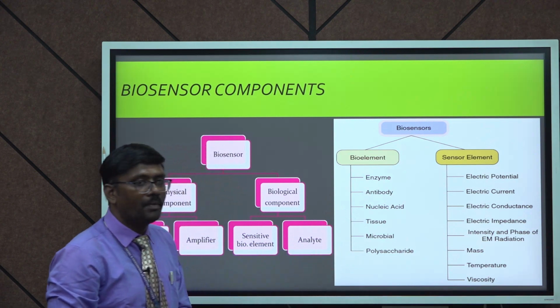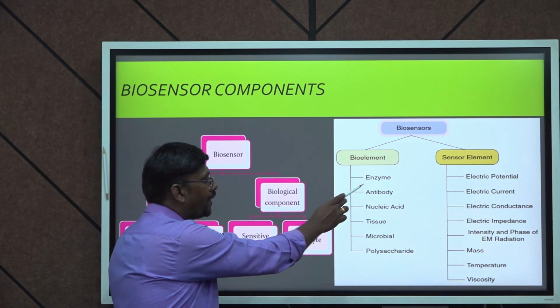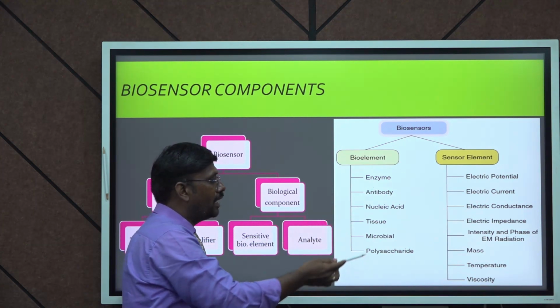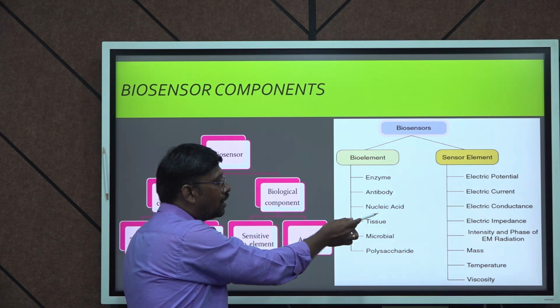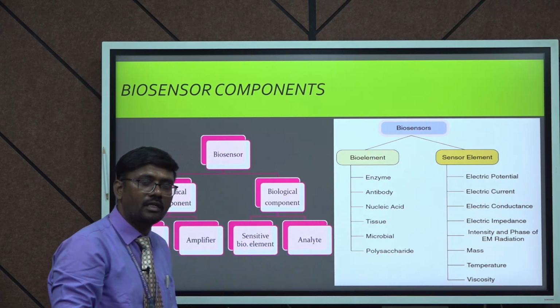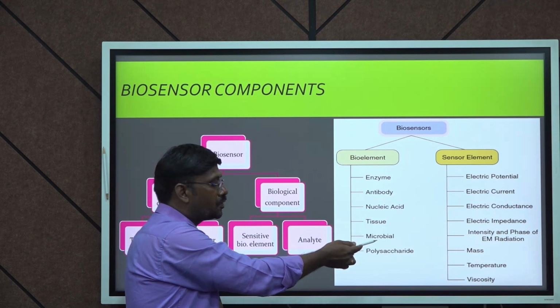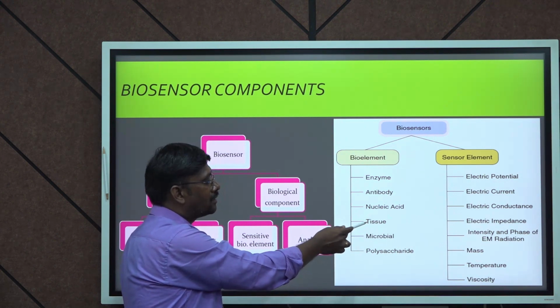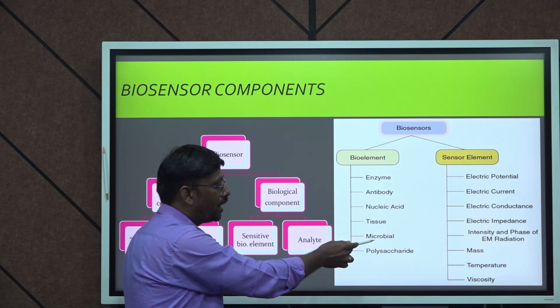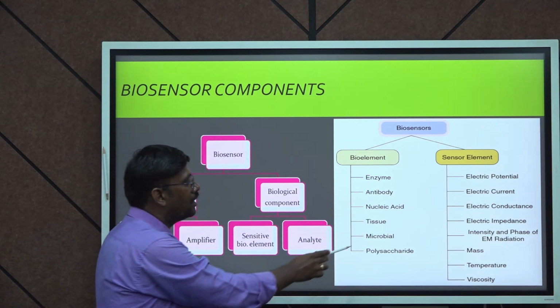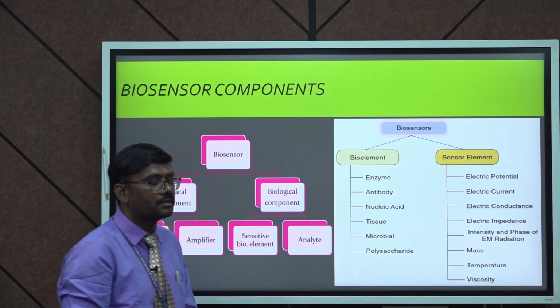The biological element can be an enzyme, sourced from microbes, plants or animals, or an antibody, or nucleic acids in the form of DNA or RNA, or tissue. Any form of tissue can be used as an element here, and also microbial: the entire microorganism or a part of a microorganism can be used as an element, and polysaccharides.